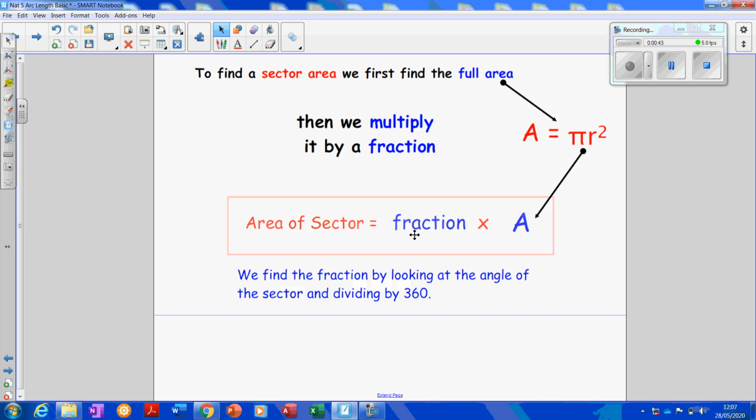Now, once we've found out what the fraction is, we've got to take that fraction and multiply it by the area of a circle. Now, you should remember the area of a circle is pi r squared. So to find the area of a sector, we first find the full area, and then we multiply by the fraction. So it's a fraction times the area. Now the fraction is the angle that you've got out of the total of 360, the same as you did with the arc.